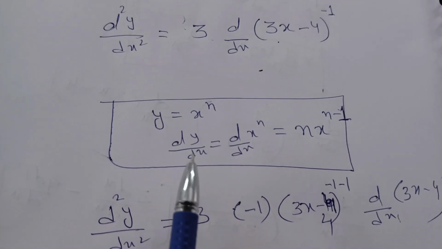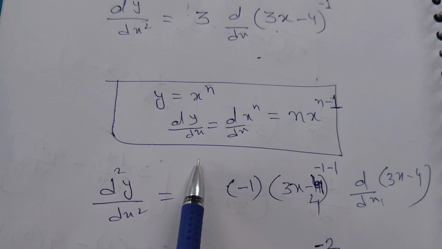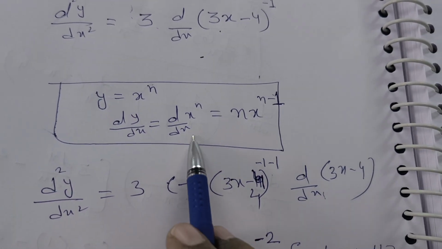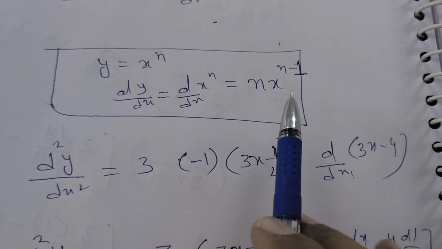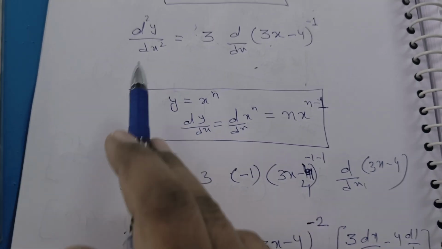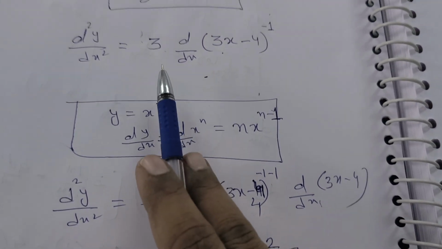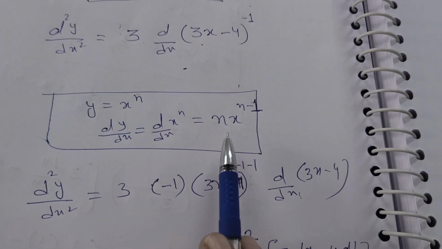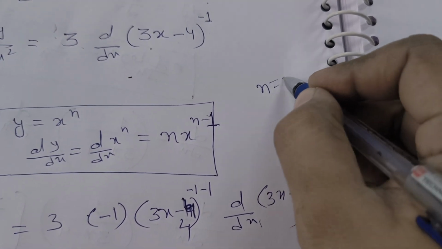So we will apply the formula: y is equal to x to the power of n, dy by dx of x power of n is equal to n into x to the power of n minus 1. So this is the second order derivative, d square y by dx square. This 3 we are keeping as it is. Here we have n is equal to minus 1.